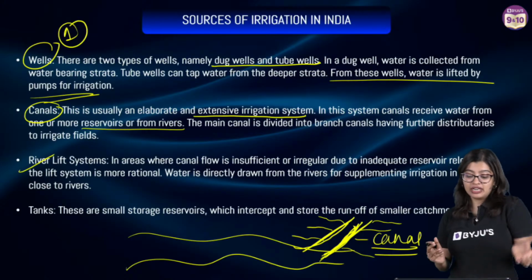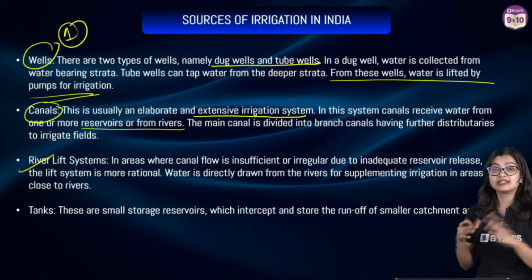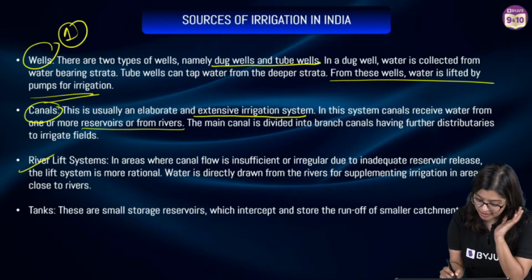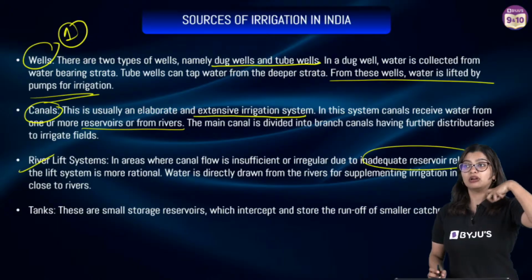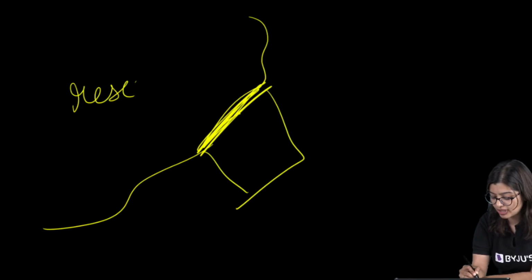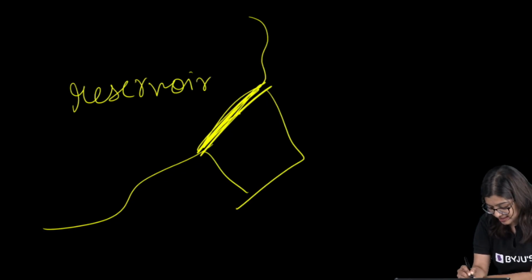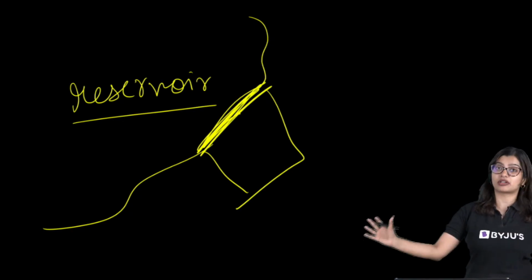Next we have the river lift system. Now in some places, the reservoir, where I stored my water, will not have proper release of water. Normally when a reservoir is built, what is a reservoir? A reservoir is basically a place where the water is stored.